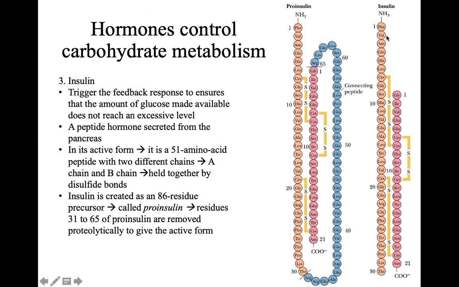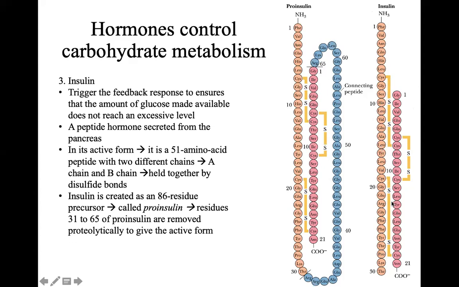So in total insulin is a 51 amino acid chain. These two chains are combined by a disulfide bond. Disulfide means S-S, two sulfur groups that attach these two main peptide chains and form insulin.